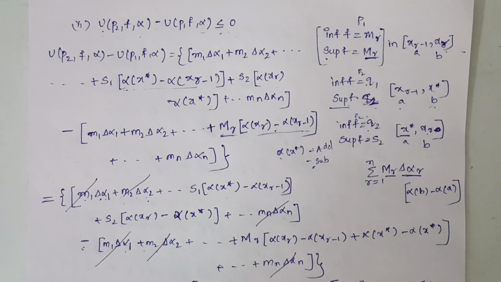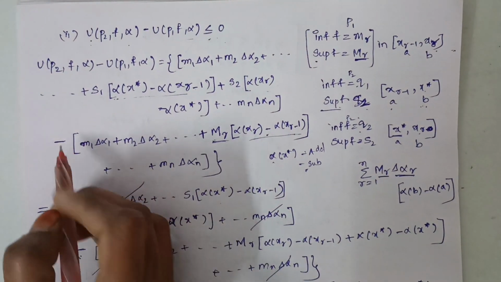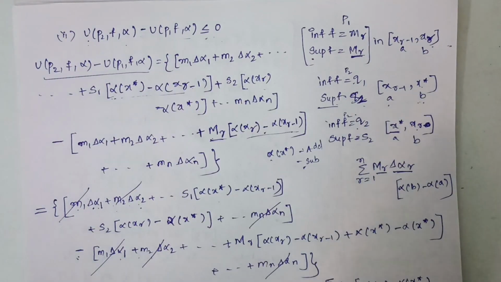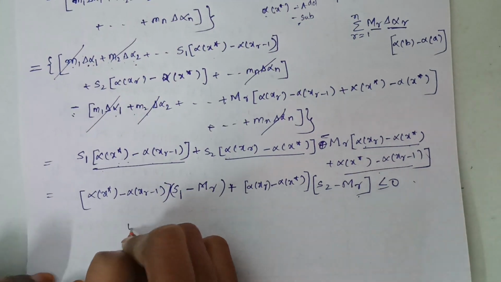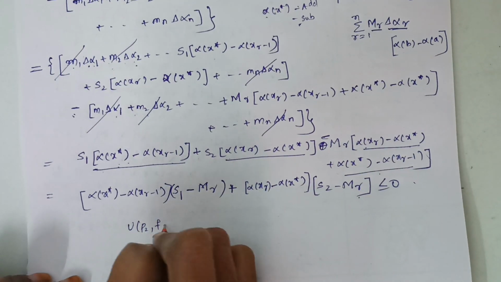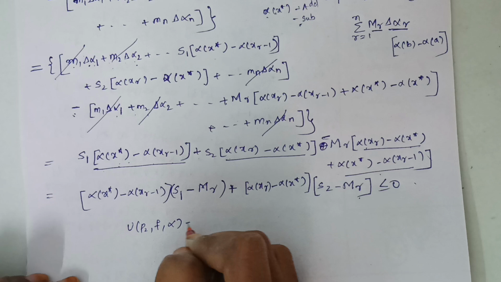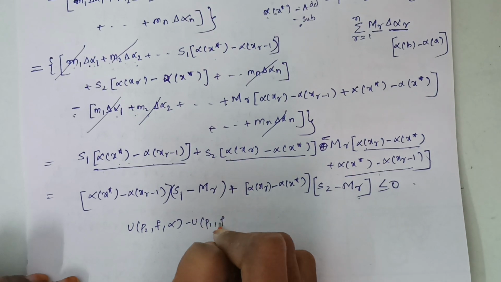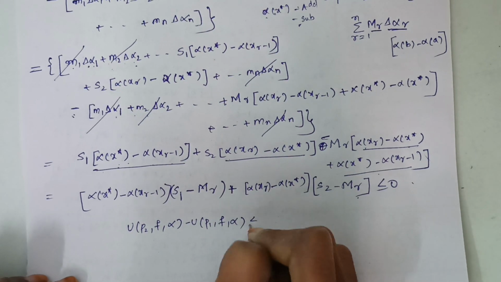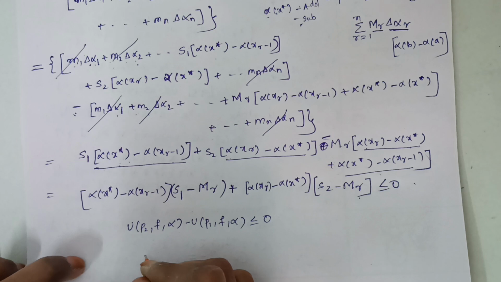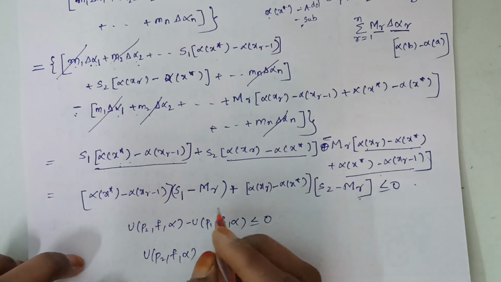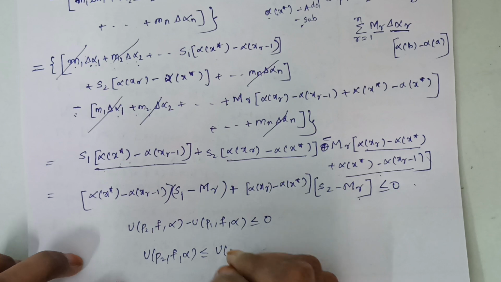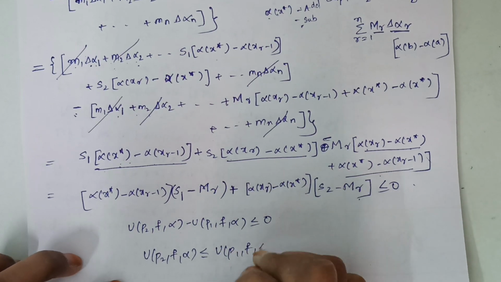And see here, U of p2 comma f comma alpha minus U of p1 comma f comma alpha is less than or equal to 0, which is nothing but U of p2 comma f comma alpha is less than or equal to U of p1 comma f comma alpha.